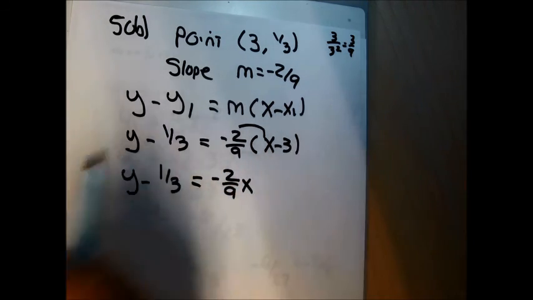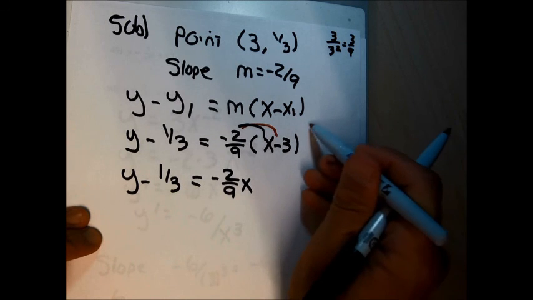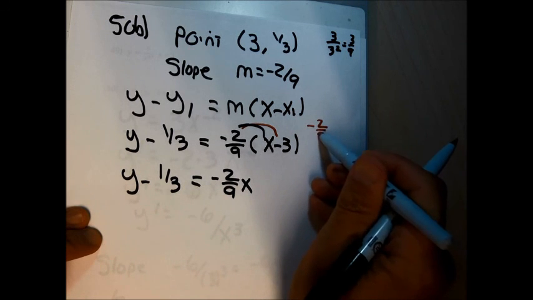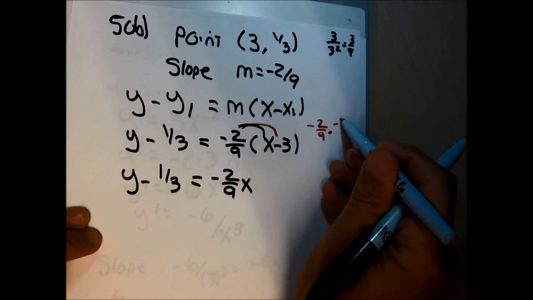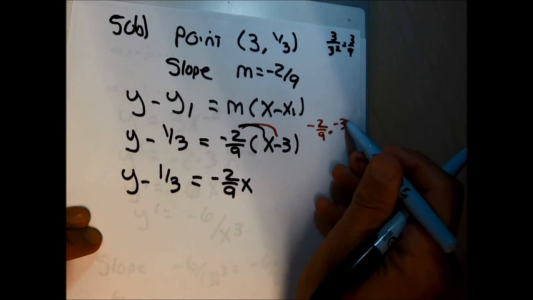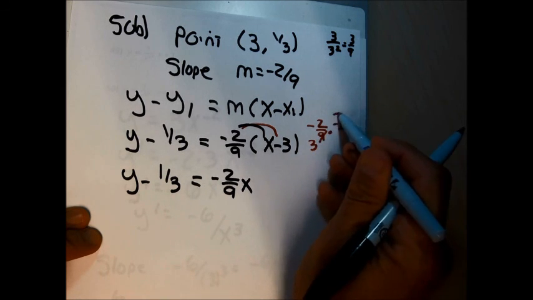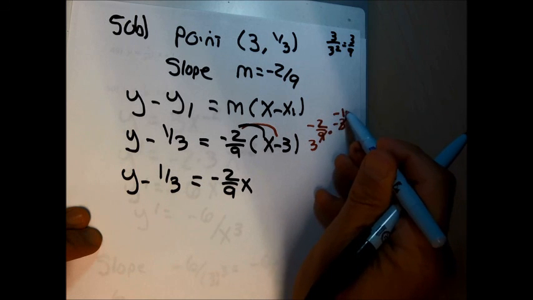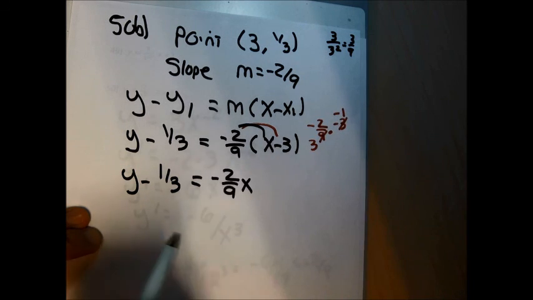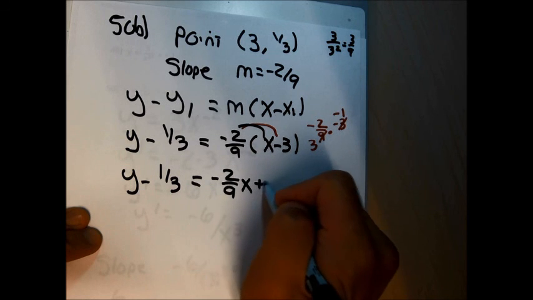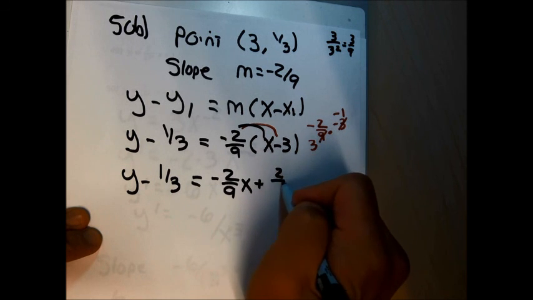And then I have to go minus 2/9 times minus 3. And when I do minus 2/9 times minus 3, the 3's cancel with the 9. The 9 becomes a 3. The 3 becomes a negative 1. I go minus 2 times minus 1 is positive 2. And the denominator is a 3.